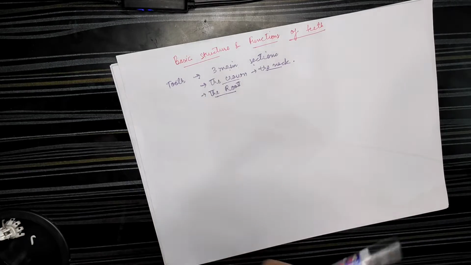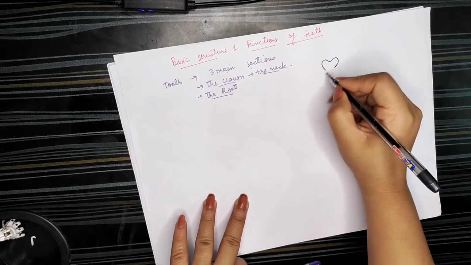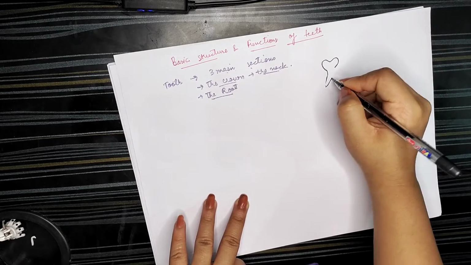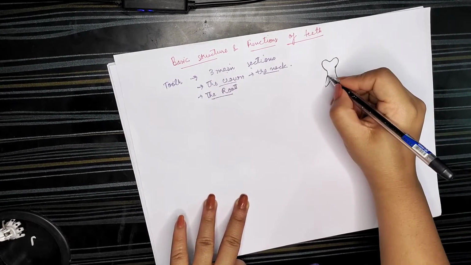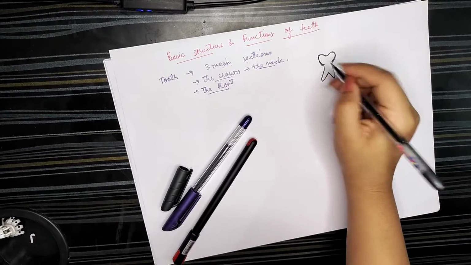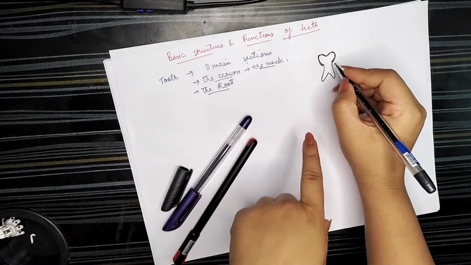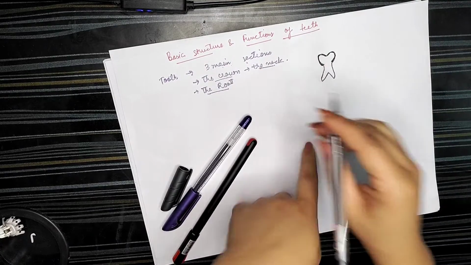So let me draw here for you. So this is the crown, this is the root and this is the neck. So this is the crown, the part of tooth which is visible in the oral cavity.